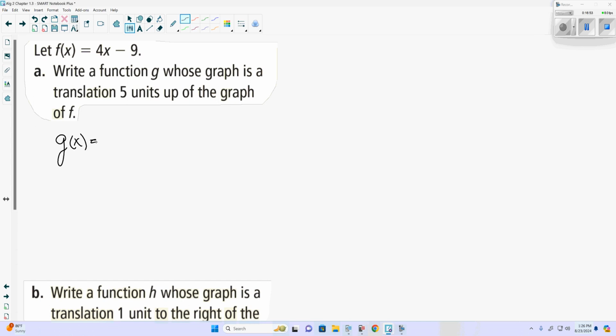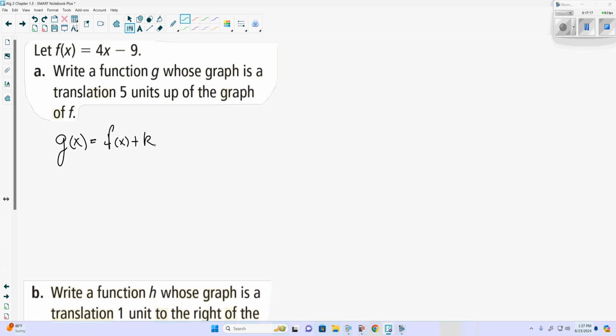G of x is then defined as our output. Now again, here we're going up and down, so that is our vertical translation. In the general form, the vertical translation is f of x plus k.